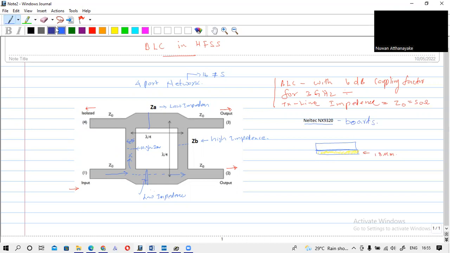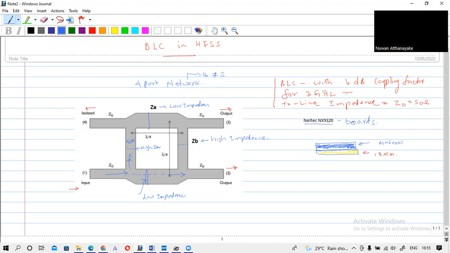Different boards have different materials.